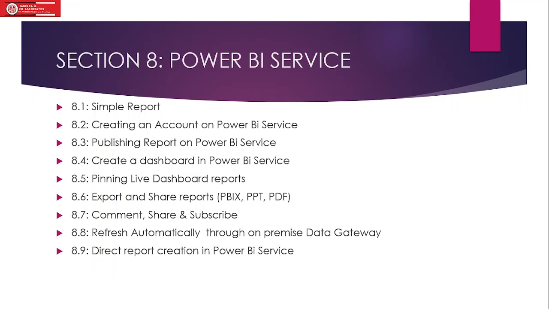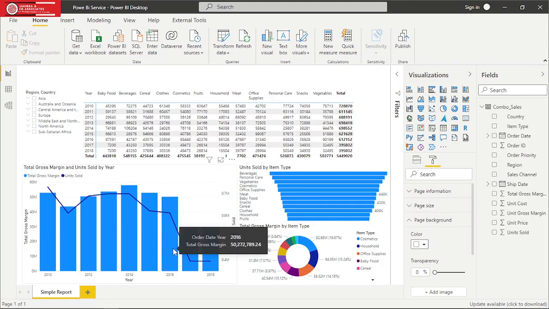So let's move on to section 8.1, where we'll do a simple report. From here you can see on my desktop I already have visuals created, but you can just go through one by one how they were created.